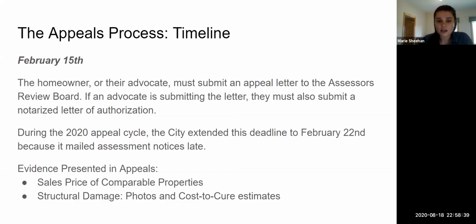And then the second big argument in every appeal is that when the assessors are assessing property, they're not looking inside of the property, they're doing it in a mass way.